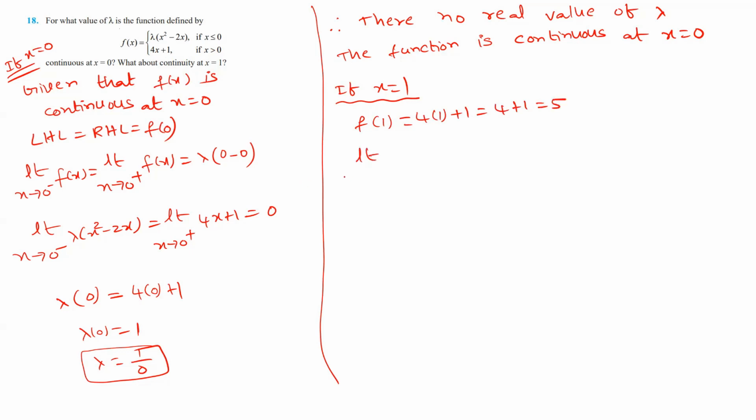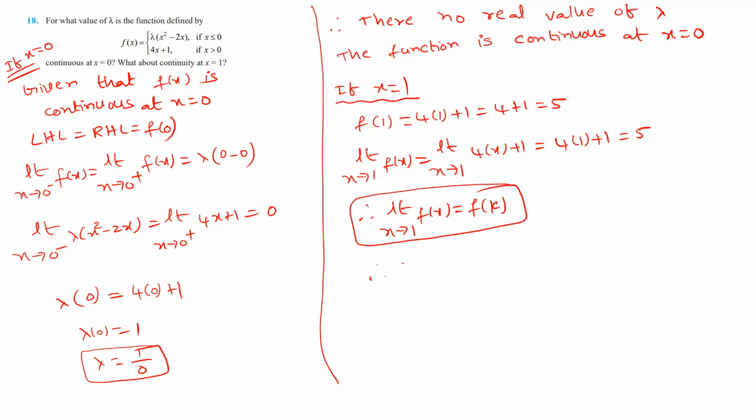So the limit, if we take limit x tends to 1, f of x is also 4x plus 1 only, which is equal to 4 into 1 plus 1 is equal to 5. So at x equal to 1, the function is continuous: limit x tends to 1, f of x is equal to f of 1 here.